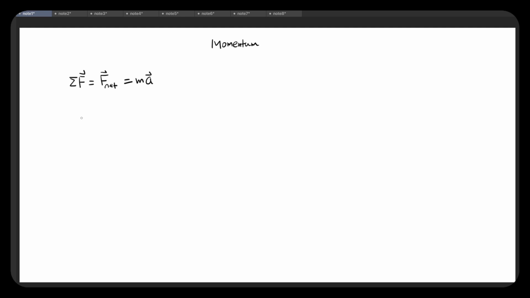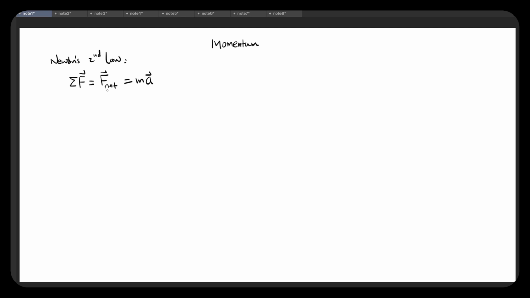So people think about how to change Newton's second law so that we can get an equation that is applicable in special cases, such as those I mentioned earlier.